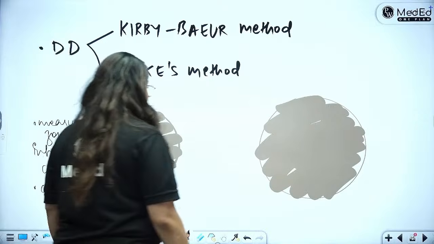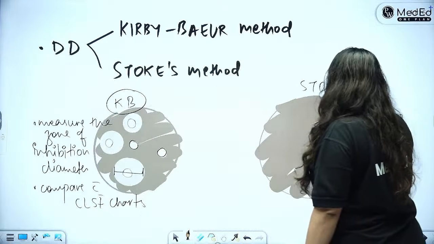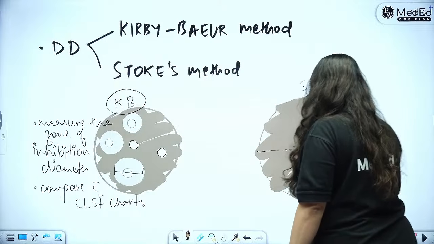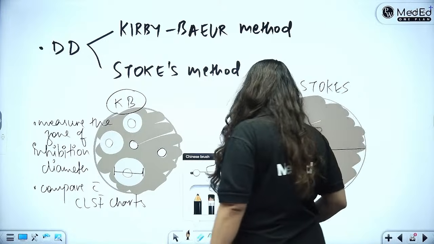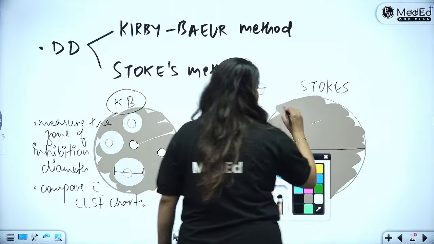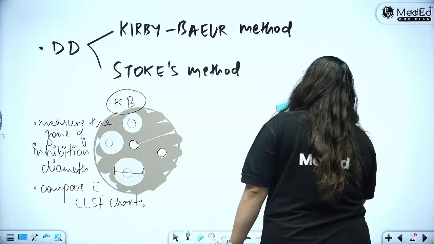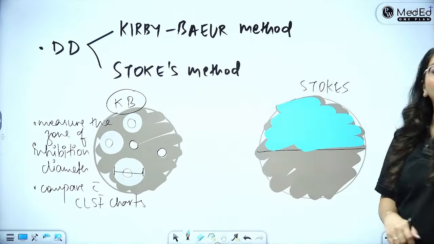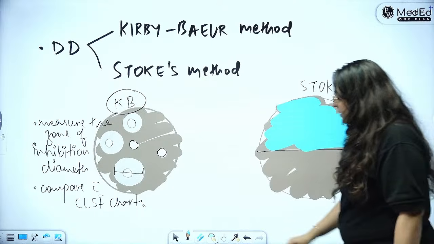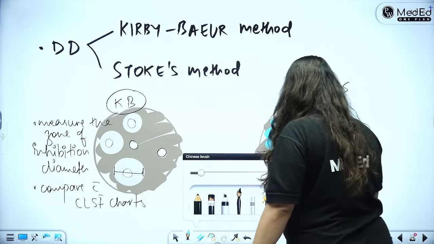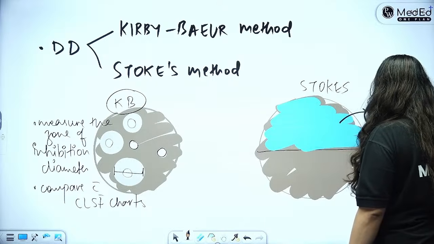What happens in the Stokes method is that you divide the culture plate into two parts. Over here, you have put a culture of a known positive strain. This is a known positive strain, and this here is the test organism that you want to test. So what is this? This is a known strain.